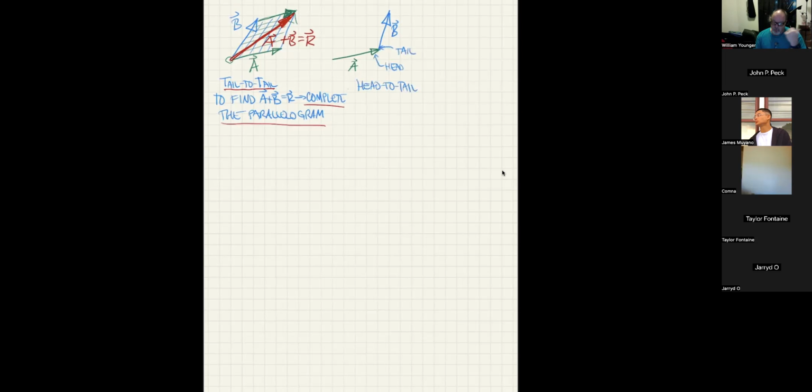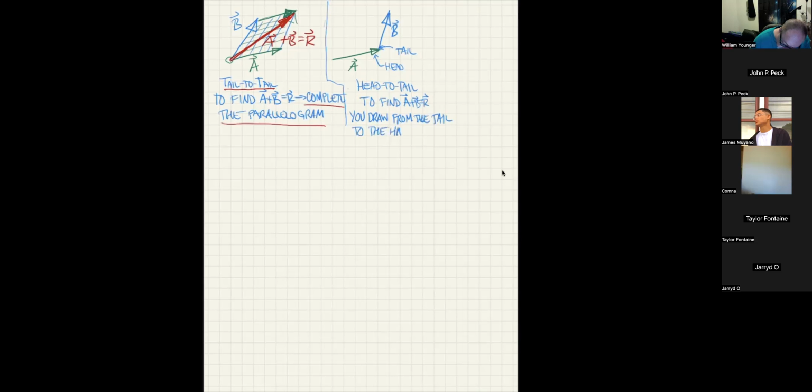Okay. Now, when you add vectors and they're head to tail, it's actually really easy. So to find A plus B equals R, you draw from the tail to the head.